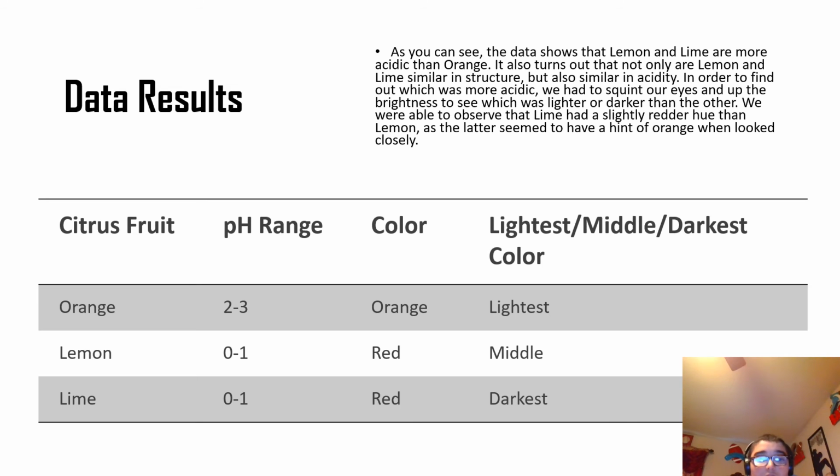So, although they are around the same pH range, which is 0 to 1, lime is actually the darkest, so therefore it's lower on the pH scale, meaning that it's a little bit more acidic than lemon.